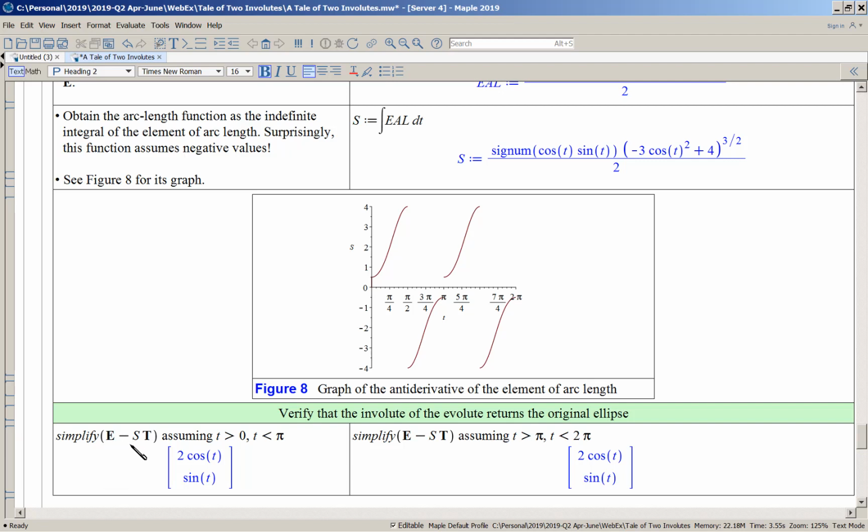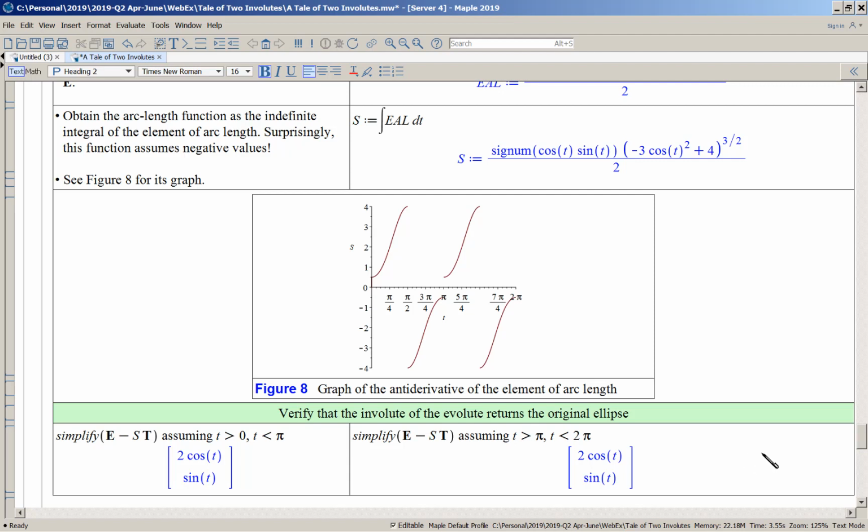Here is E minus st. 0 to pi, I get back the ellipse. Pi to 2 pi, I get back the ellipse. Well, pi is 0 pi, the singular points, and Maple Simplify gets all unhappy about the singular point.